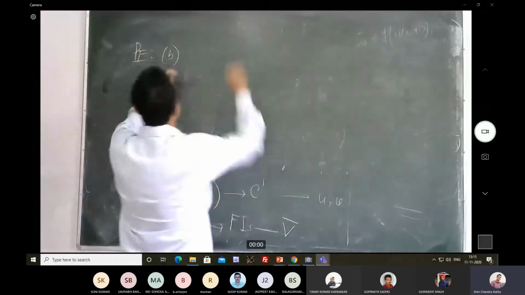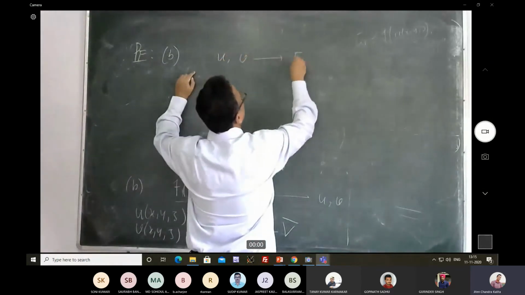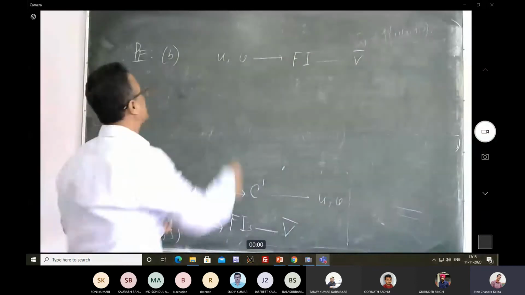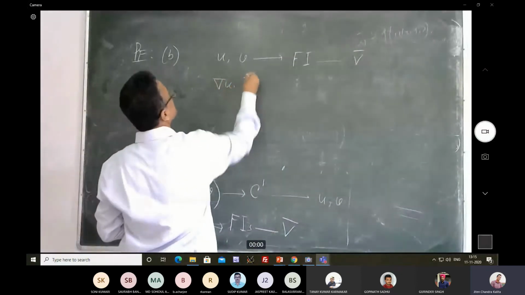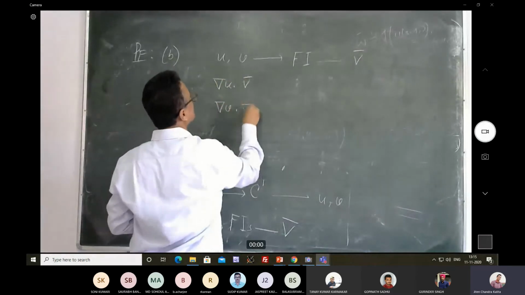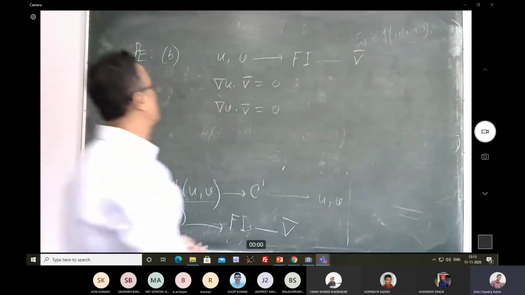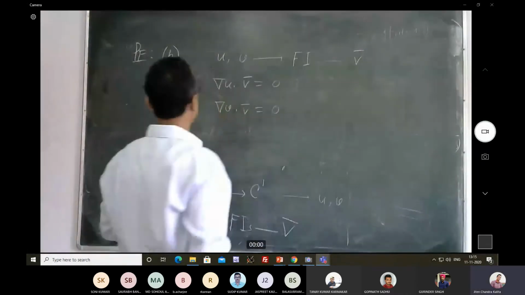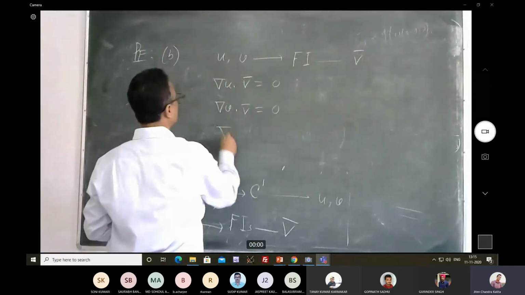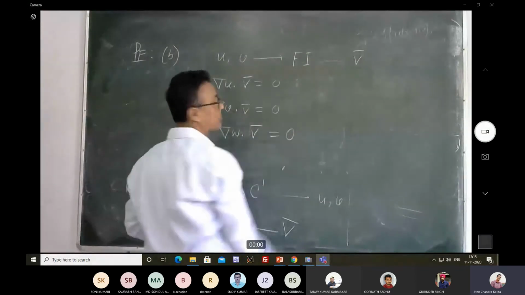I have been given that u and v are first integrals of V, right? So that means grad u dot V and grad v dot V are equal to 0. Now I have to prove that grad w dot V is equal to 0.